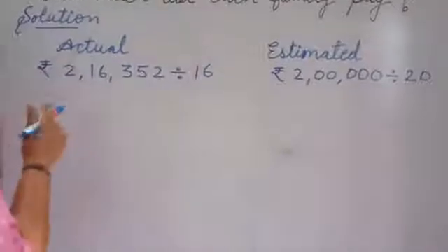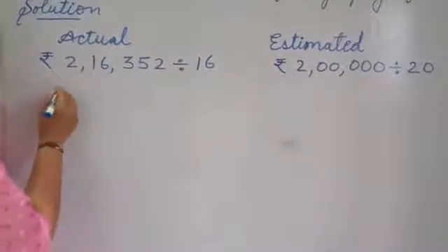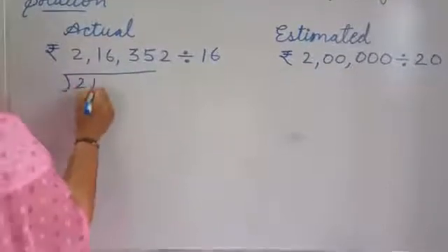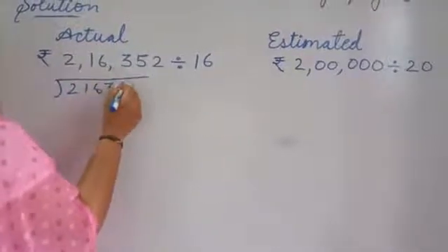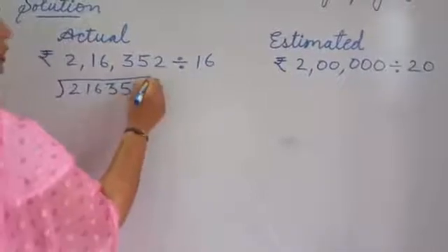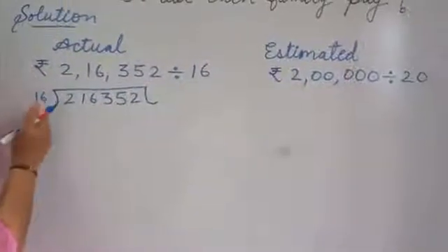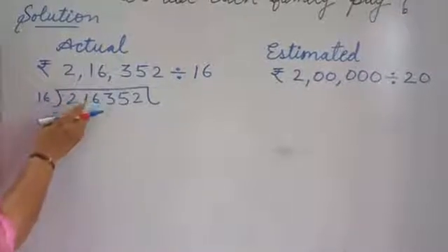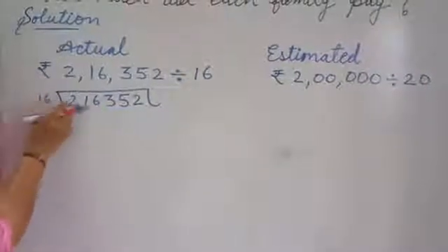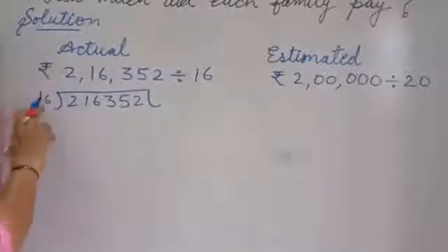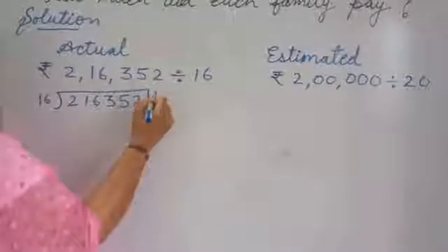Now for actual, 2,16,352 divided by 16. There are 2 digits in the divisor, so in the dividend also we will take 2 digits. In 2 digits there is 21. So we will recite the table of 16. 16 ones are 16.